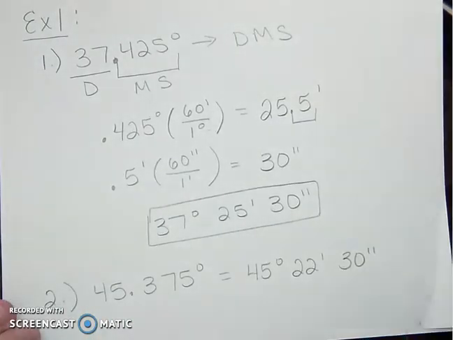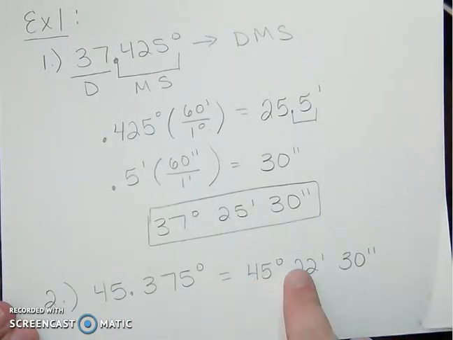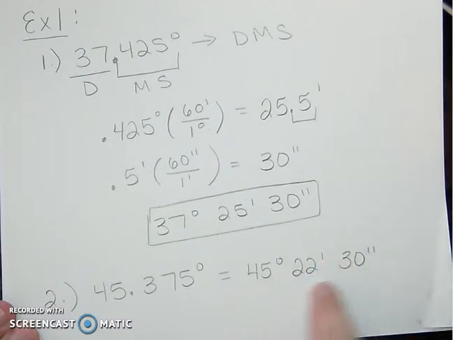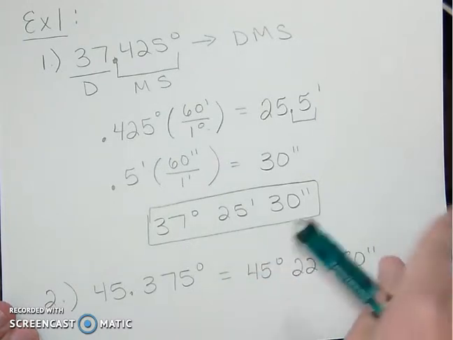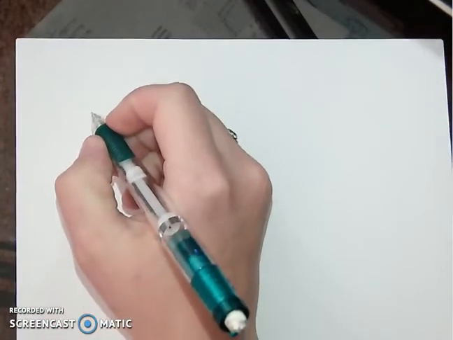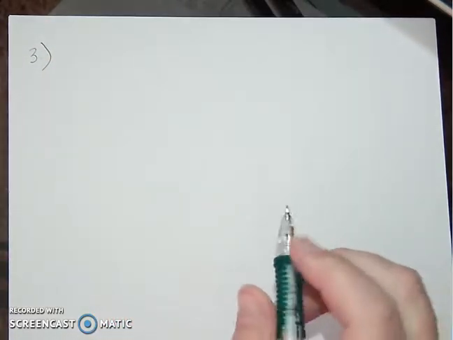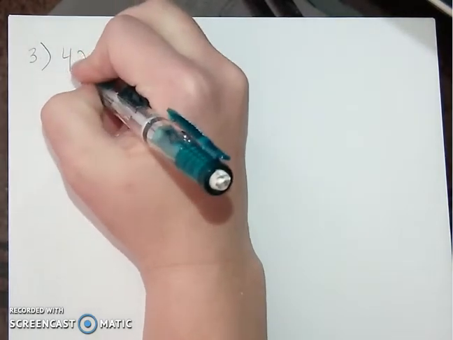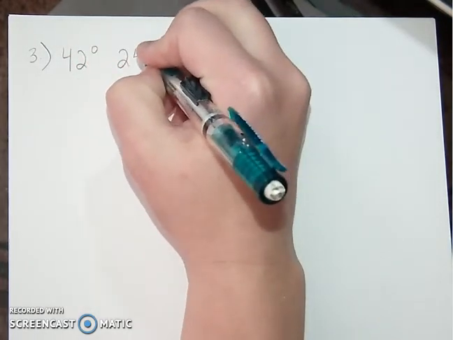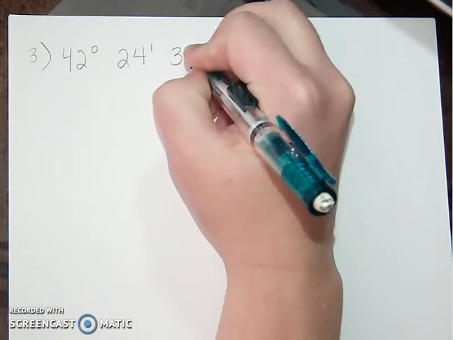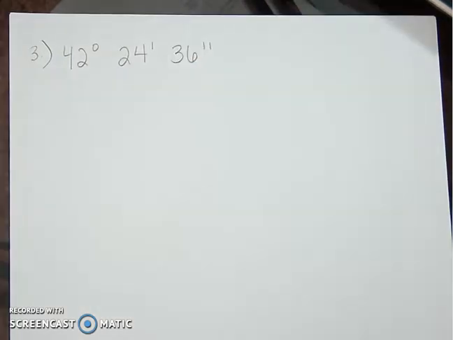Just like you need to be able to convert from degrees to degrees, minutes, seconds, you should be able to go from degrees, minutes, seconds back to just the basic degrees. So let's do that next. So number 3, let's do 42 degrees, 24 minutes, 36 seconds.